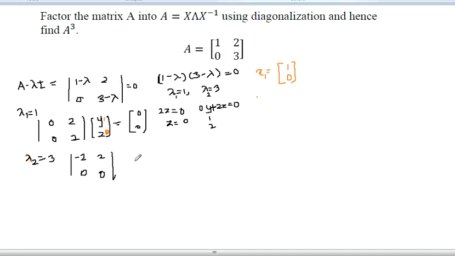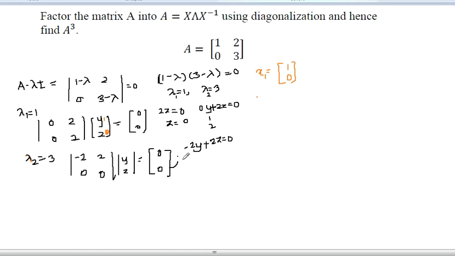Again, let's write y and z here and equate to 0, 0. We get the equation minus 2y plus 2z is equal to 0.